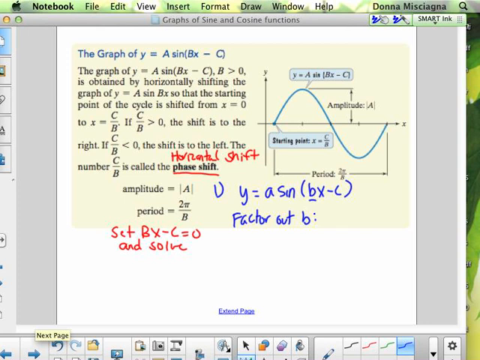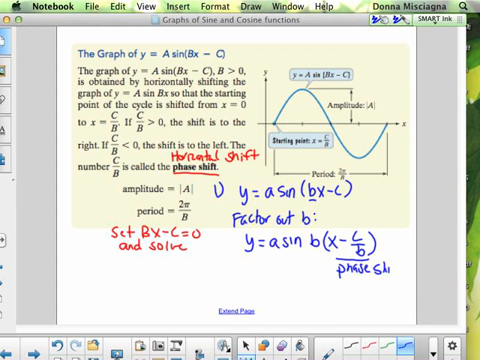Then you simply divide both terms by b. So if I factor out b, I have y equals a sine, b is going to be outside the parentheses, bx divided by b is just x, and c divided by b would be c divided by b.